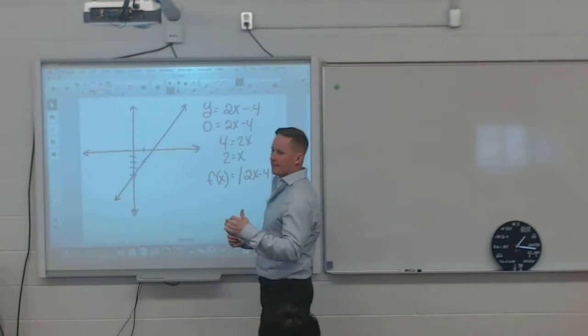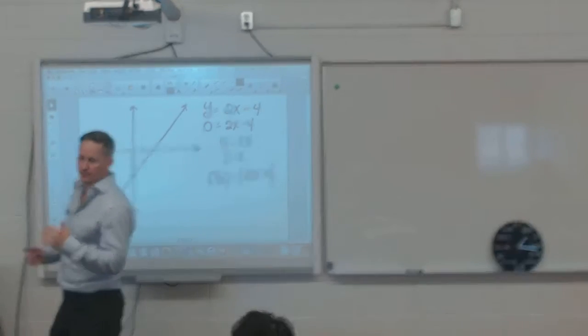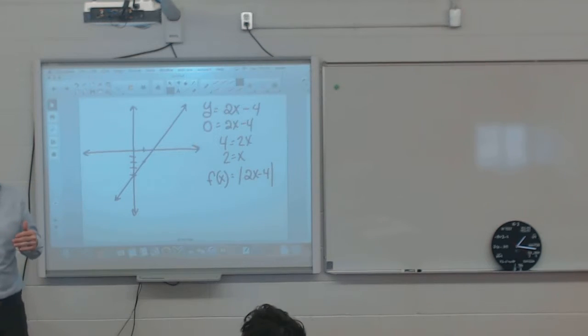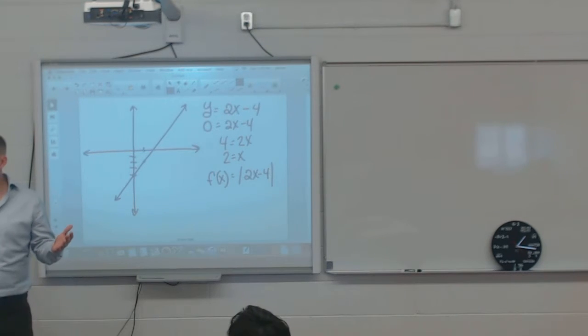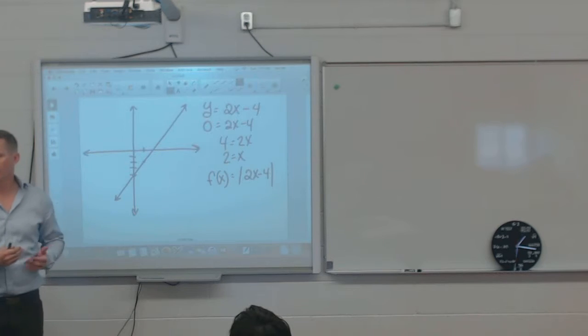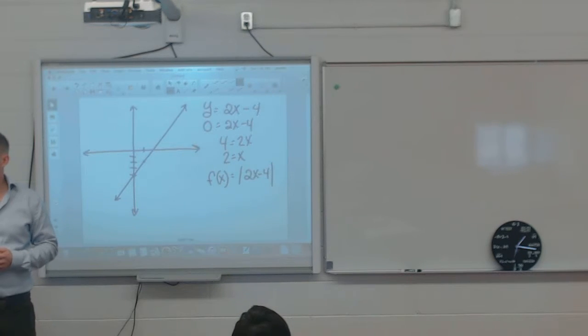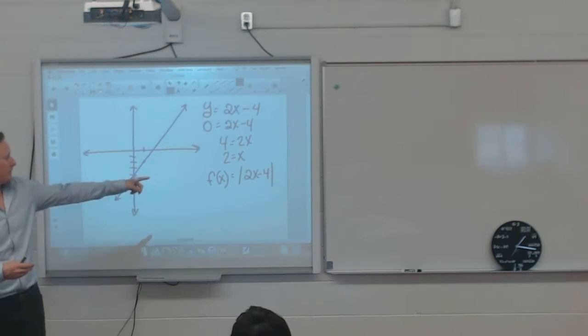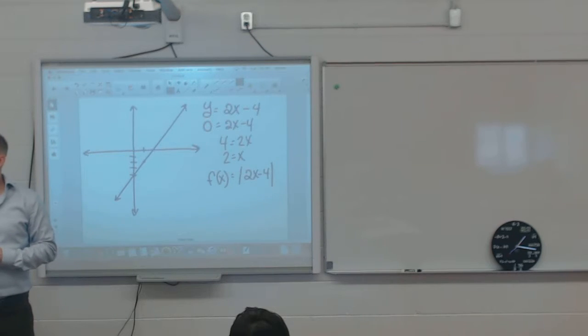So what has to happen here? I graph the 2x minus 4. Done. Now all that I need to do is, what can the y values not be? If I've got an absolute value, it can't be negatives.